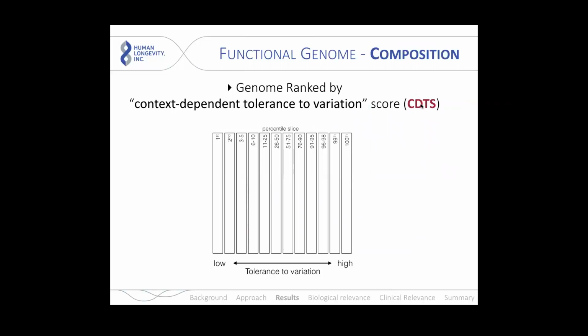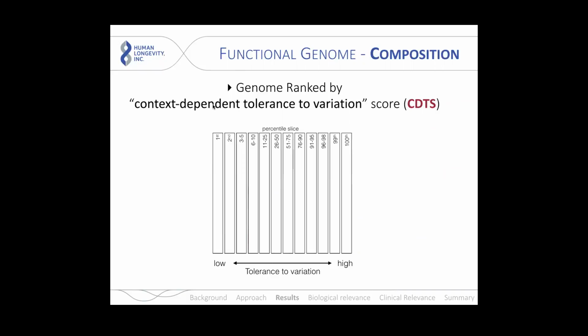Please try to remember this abbreviation because it's going to come up pretty often. We're going to rank the whole genome, and on the left-hand side, it's going to be the regions that had the lowest tolerance to variation, and on the right-hand side, the regions that have the highest tolerance to variation. Whenever I say tolerance to variation, I always mean context-dependent tolerance to variation, just to be a bit shorter.